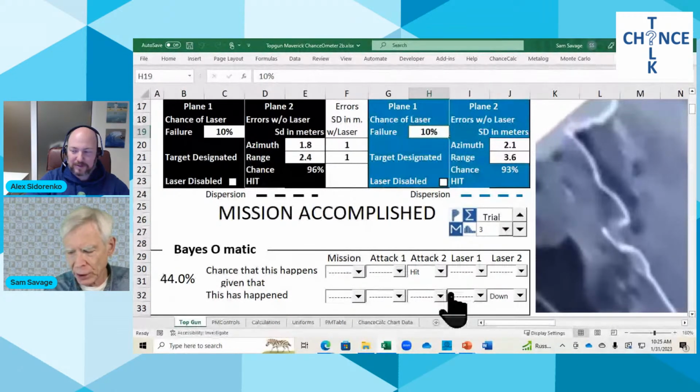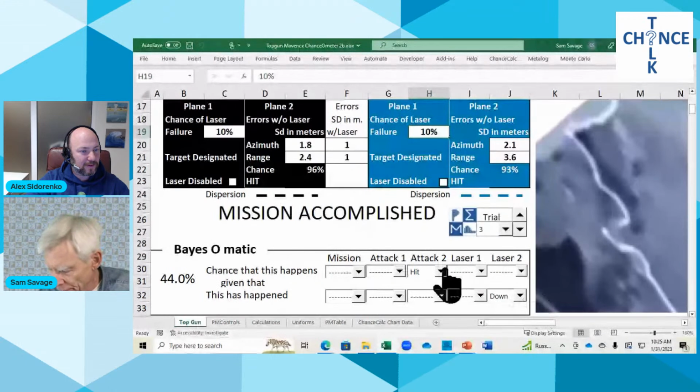Now I'm going to ask a related but completely different question. I'm going to switch these two, and then you're going to begin to understand the power of Bayesian analysis. I had: what's the chance that the second attack succeeded given that laser 2 was down?